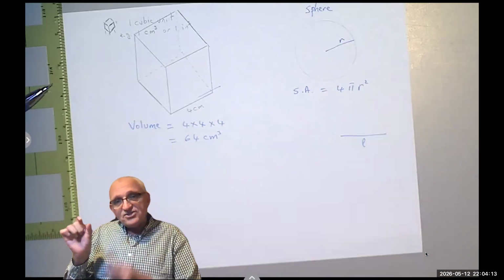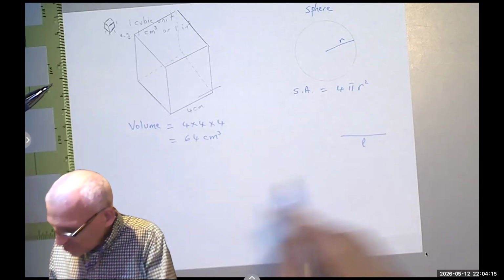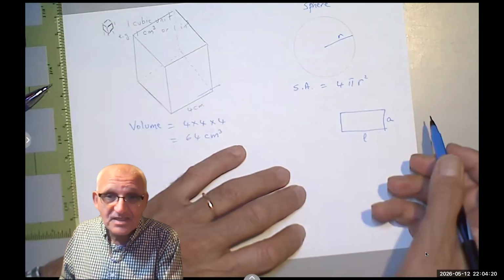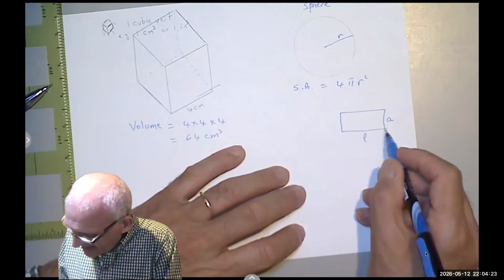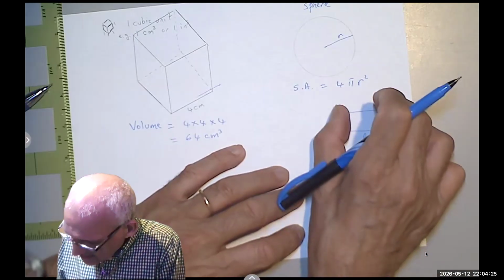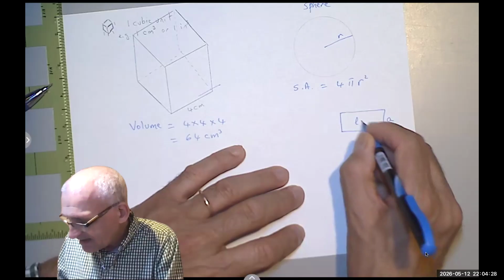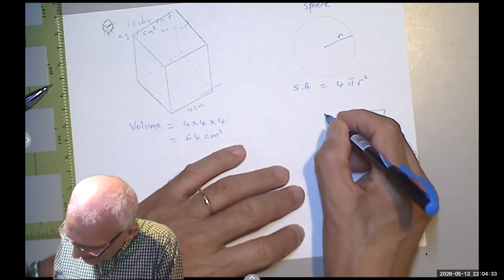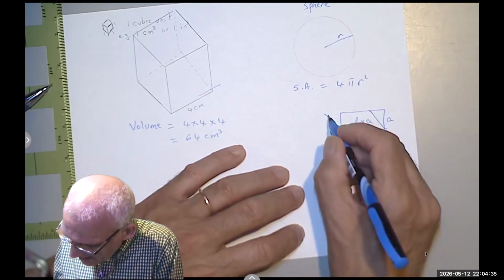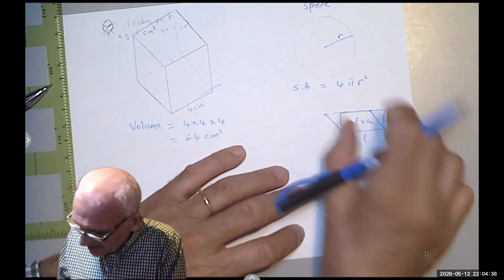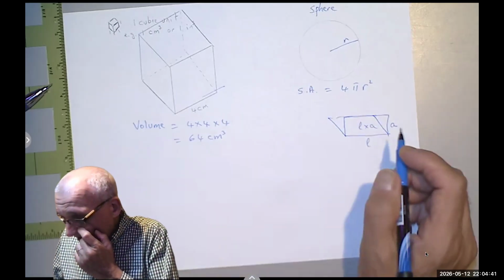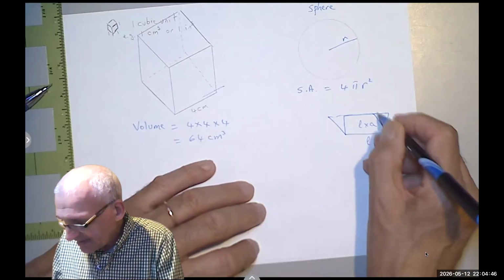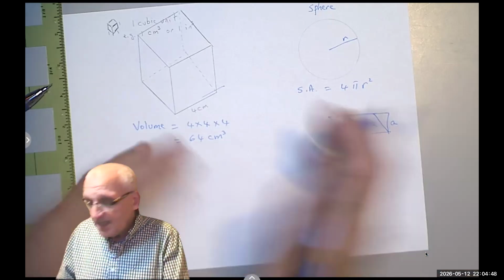If that's A, it becomes a rectangle, and L stayed L all the way for a distance of A, so the area would be L times A, correct? Even if I make it a parallelogram, so it doesn't have to be perpendicular, it can be slanted like that, but the height is still A, so the area of this parallelogram is also L times A. Here it's the same idea.